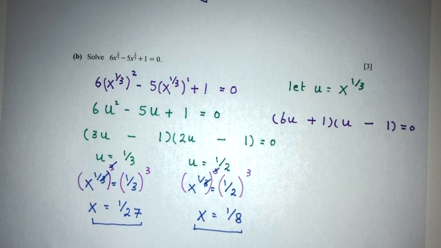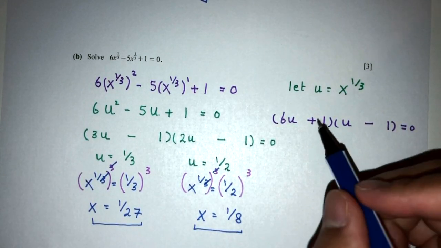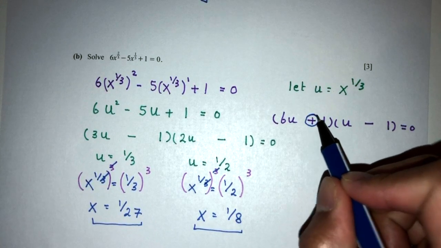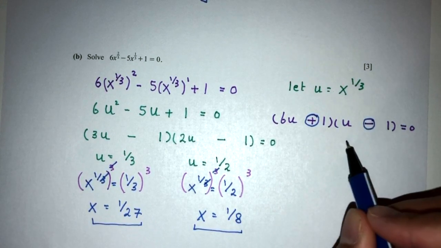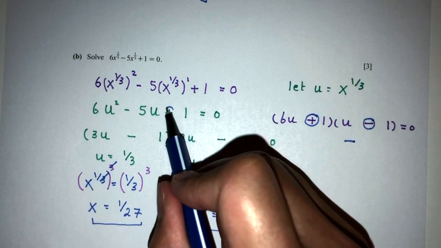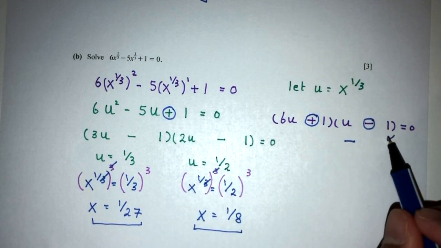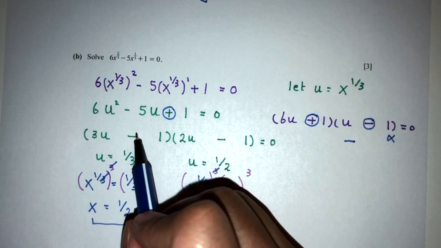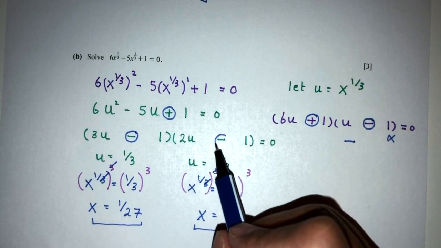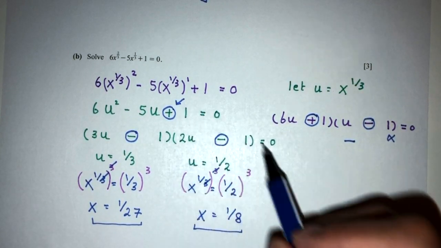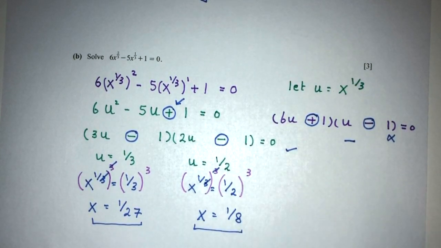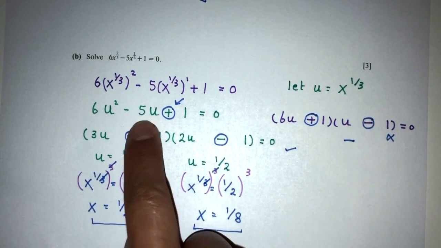But here, it is not right. Why is that? Because if you observe, when you take plus multiplied by minus, you get minus. But here we have plus, so this is not good. If you verify here, minus times minus has to give you plus, so this is good. So this is the right factorization of this expression.